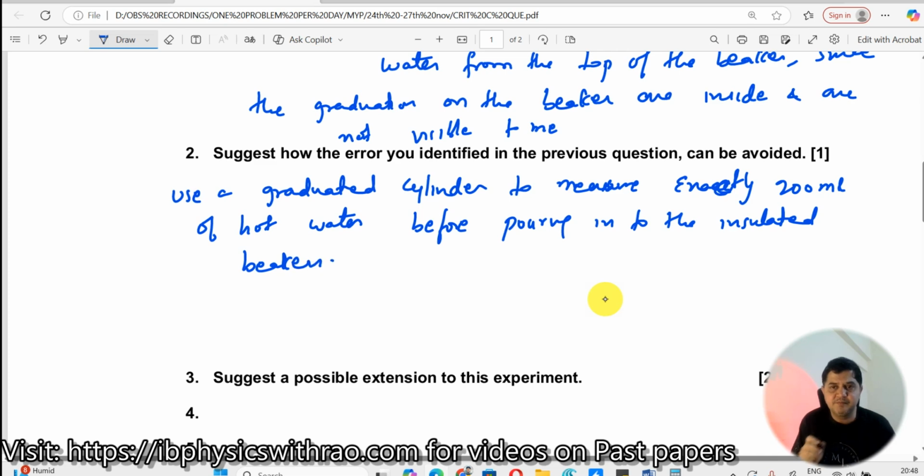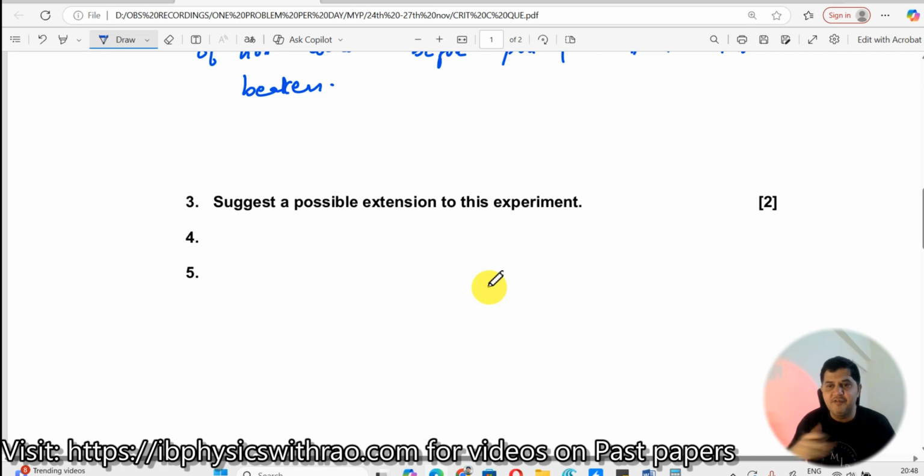This is what you can do. Because even though there is no visibility, it is not required in that case, you can just measure it exactly and then pour it.